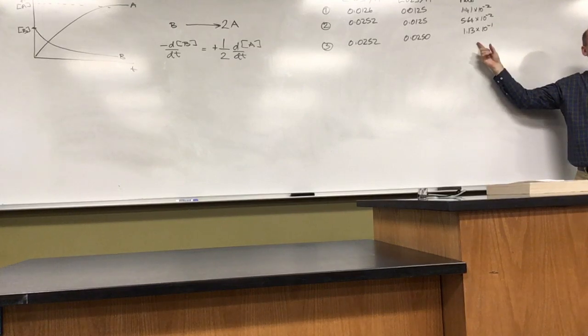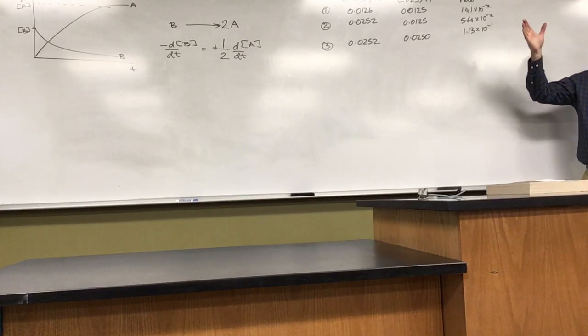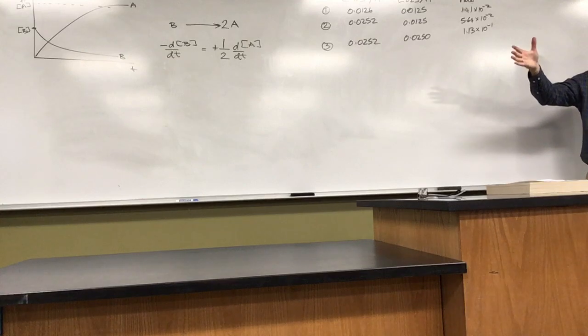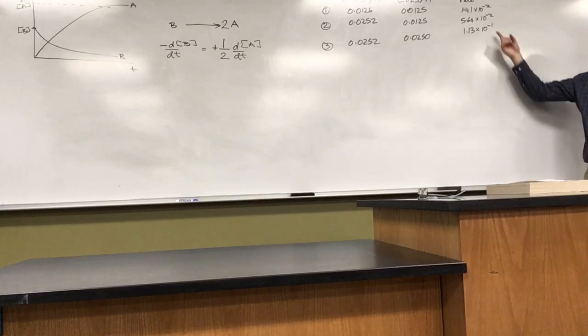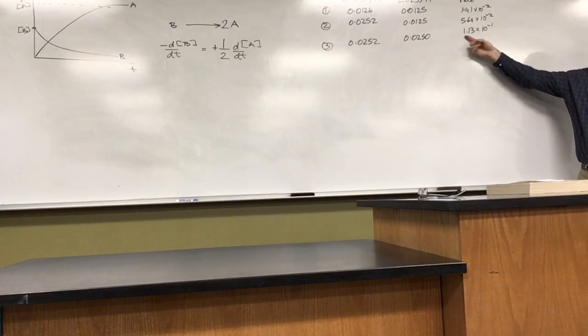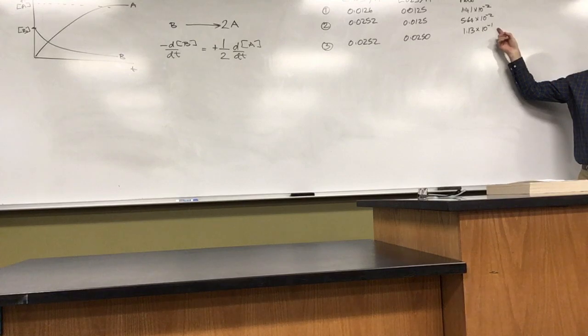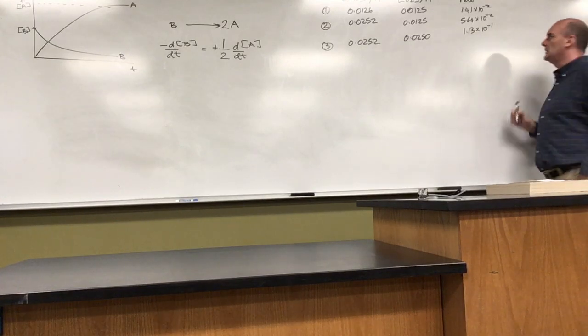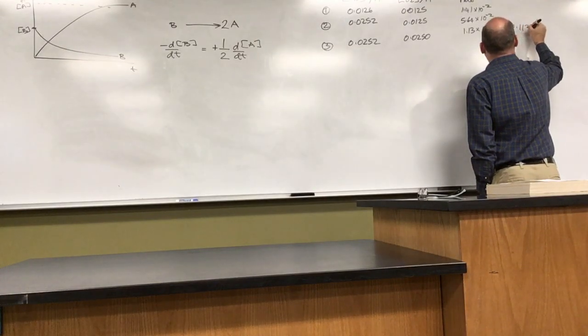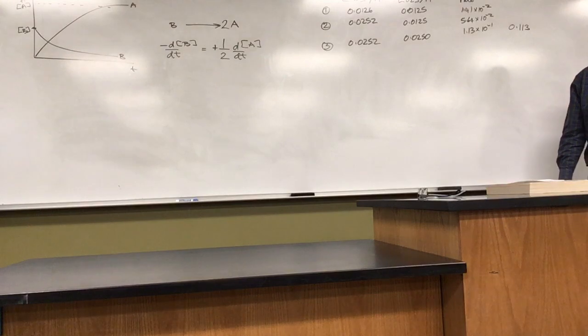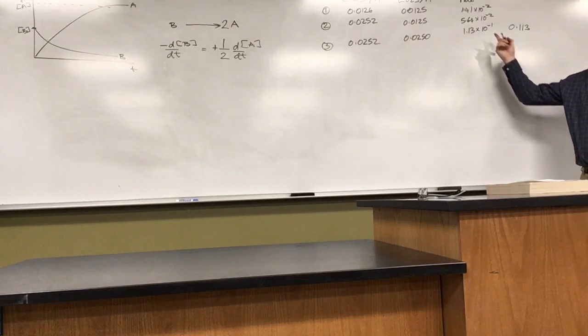I'm a fan of you being kilo, root quantity, milli, micro, nano, femto, right? 1.3 times 10 to the negative 1 is more confusing to read than 0.113. Okay, I see no need for this.